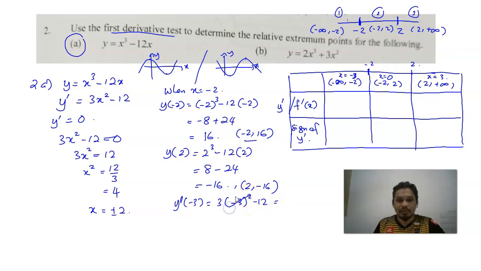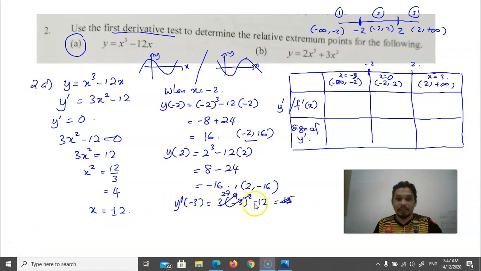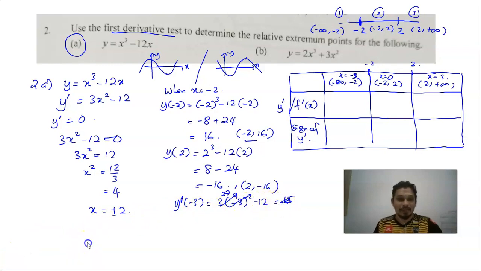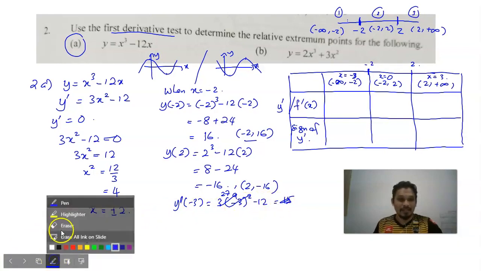Negative 3 squared equal to 9, and 9 times 3 equal to 27. 27 minus 12. Okay, sorry, I suddenly recalled, I forgot the value of this.